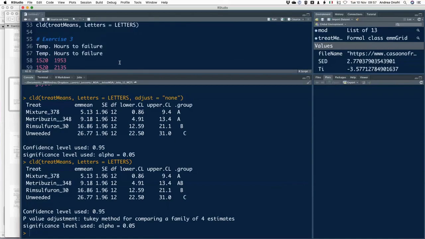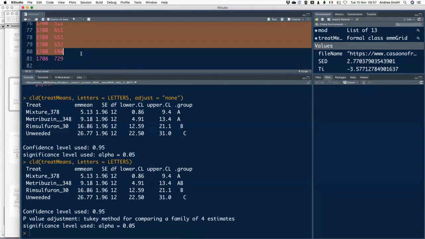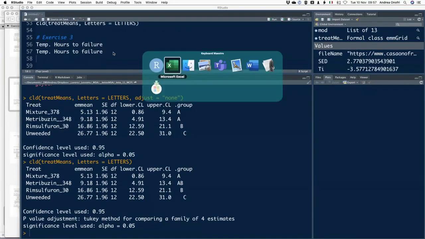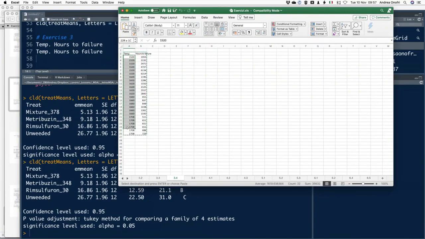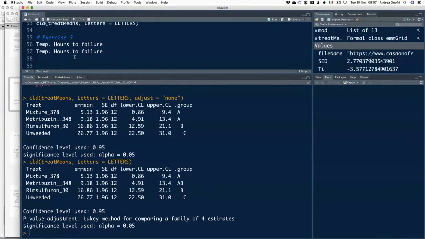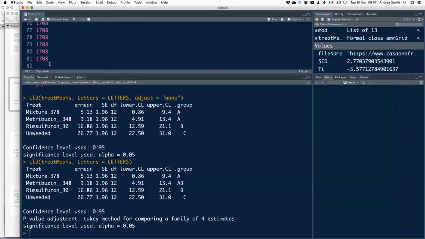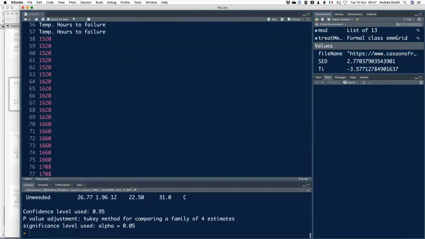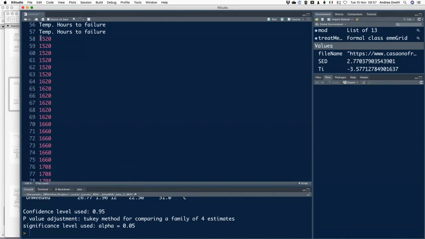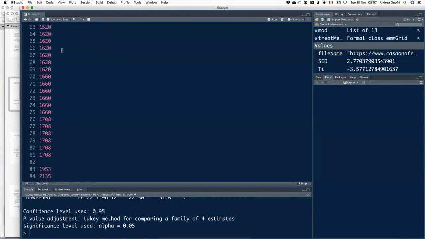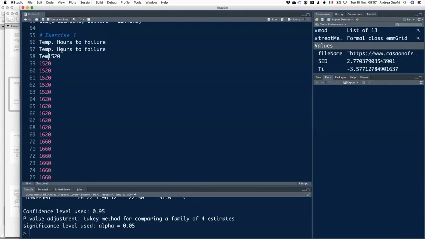All right. Perhaps I can do it even better and do it like this. Copying this first and copying this second. All right. Now this is the temperature.